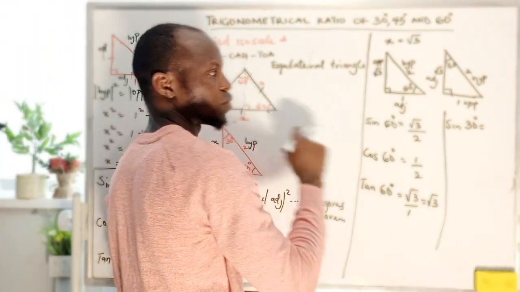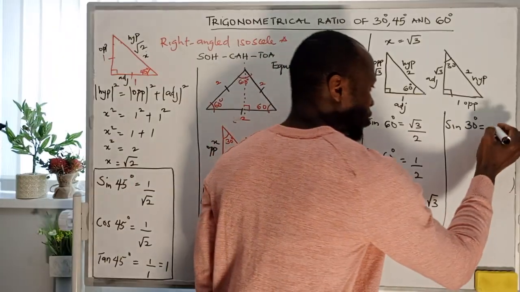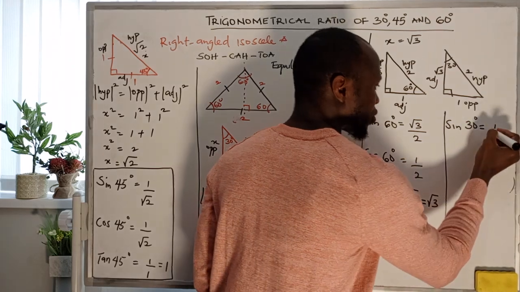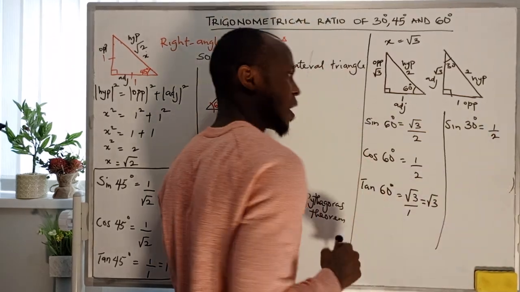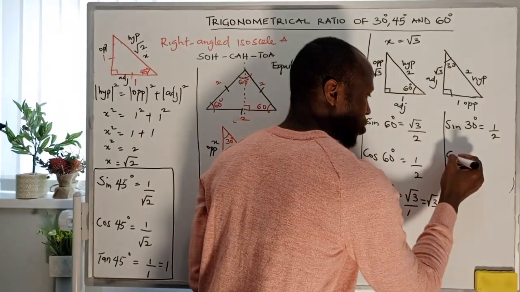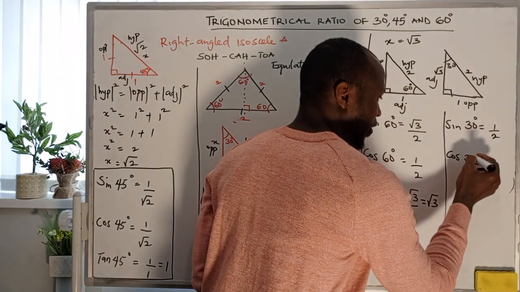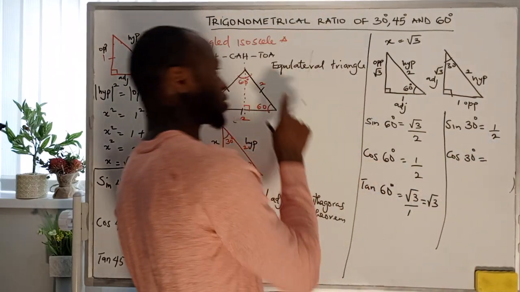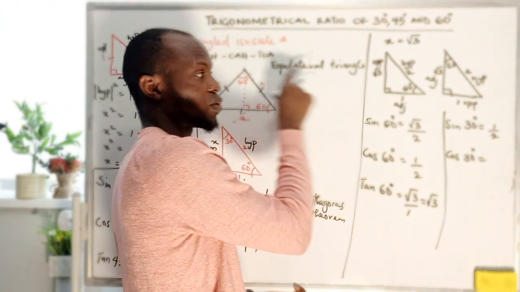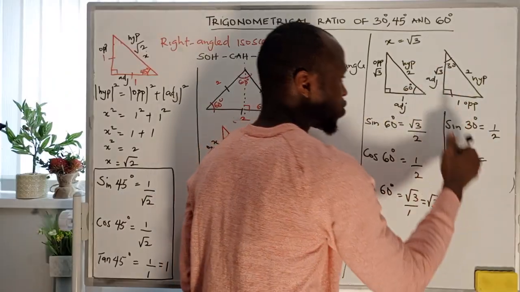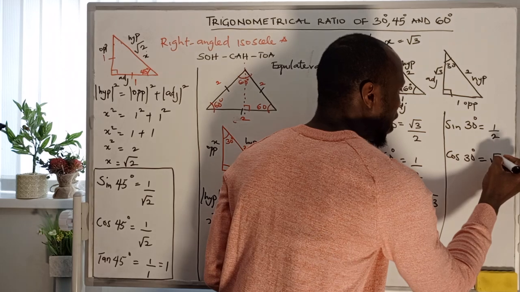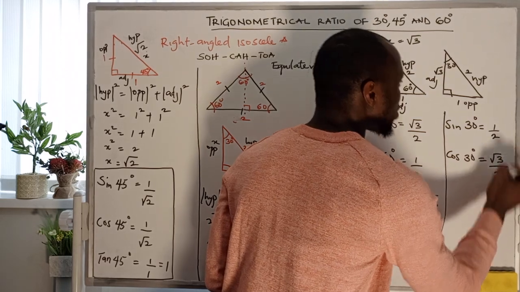Opposite over hypotenuse. My opposite in this case is what? 1. My hypotenuse is what? 2. All right? So my cos 30 degree will be equals to, cos is what? Adjacent over hypotenuse. My adjacent in this diagram is what? Root 3, and my hypotenuse is 2.